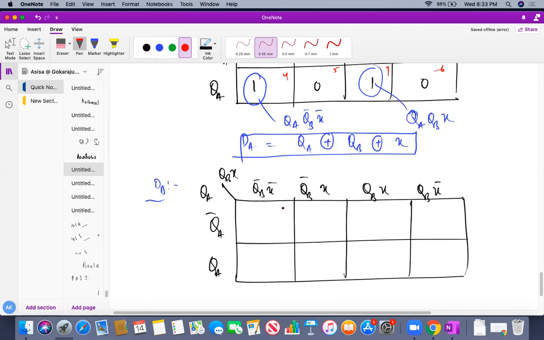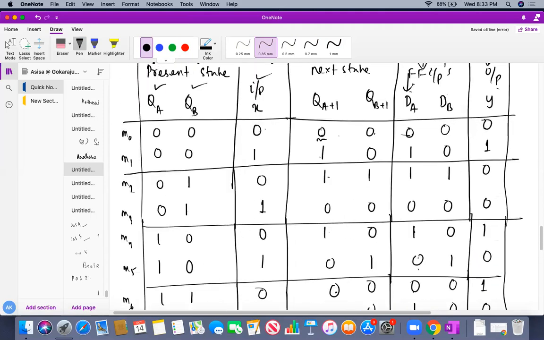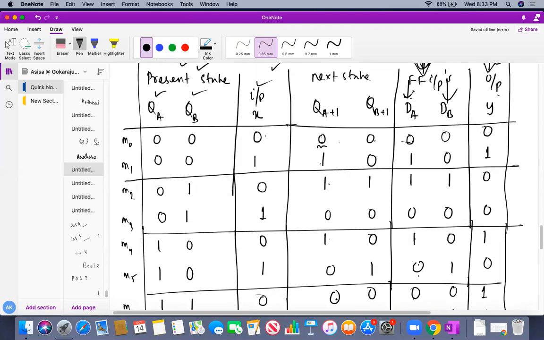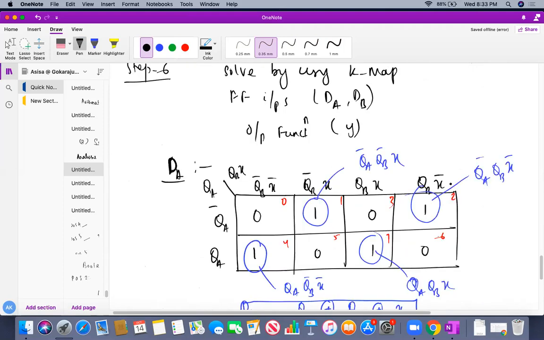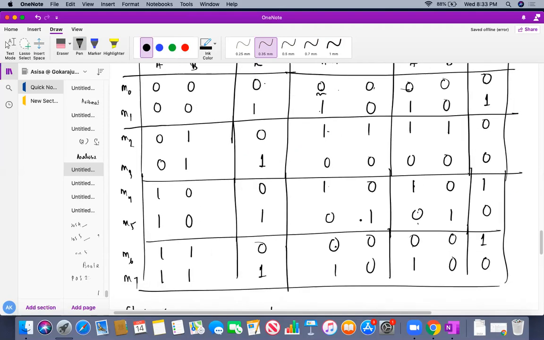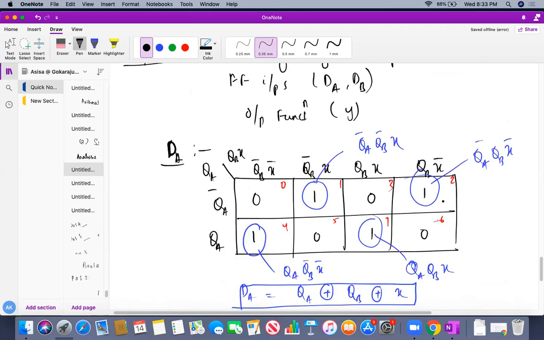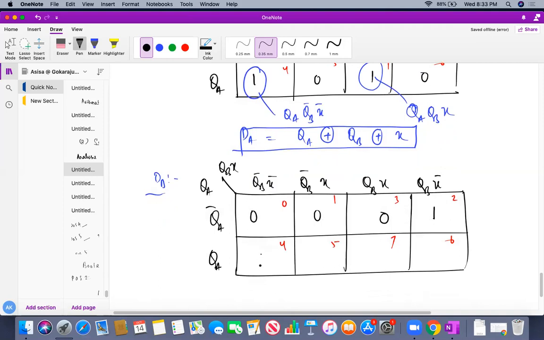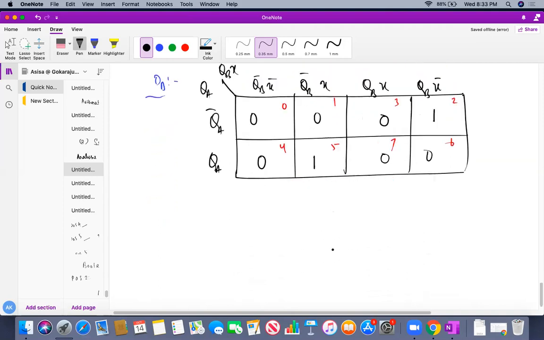Now we know the minterm positions 0, 1, 2, 3, 4, 5, 6, 7, and we know where we have to put all these things. We can see the DB flip-flop outputs 0, 0, 1, 0. We can put here 0, 0, 1, 0. Next it is 0, 1, 0, 0. Now we can solve this up.